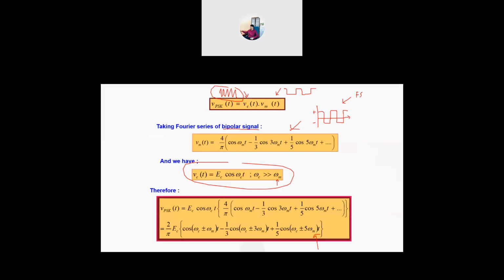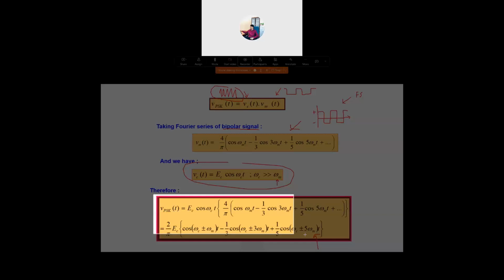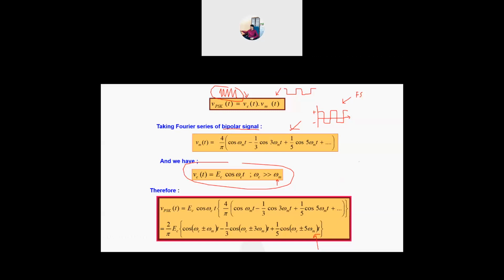So if you see here, this is your VPSK, this is your input, this is your generated VPSK signal. So this basically is the one that you're going to have at the input. Let me screenshot first so that you are able to see. Then we go to the next slide.